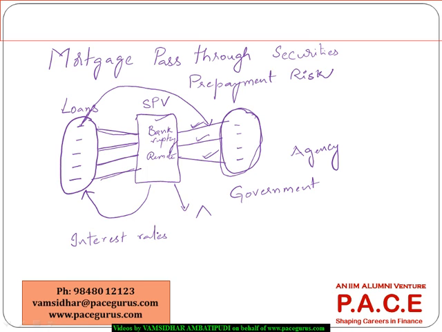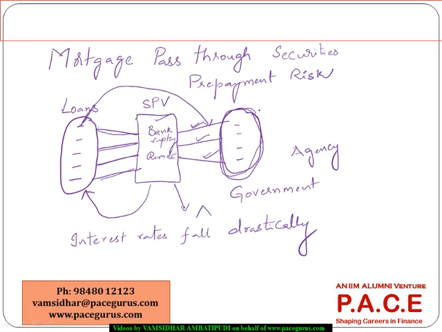The reason is, the borrowers want to refinance their loan at lesser interest rate. So obviously, whatever principal the investors are receiving, they may not be able to reinvest at a better interest rate, thus losing out. So that is one of the key risks associated with this mortgage pass-through security.